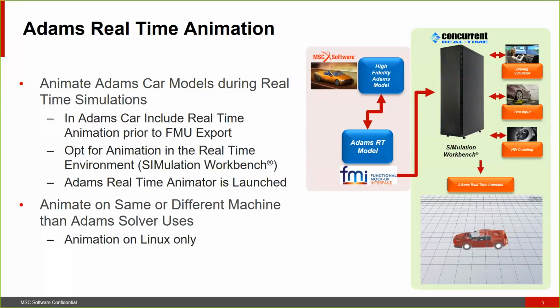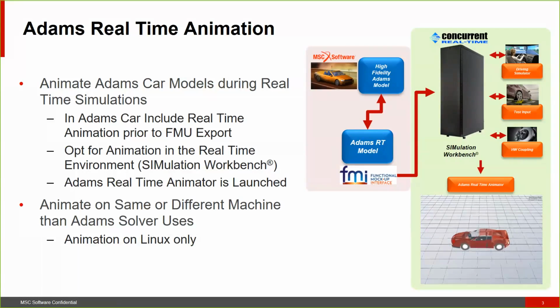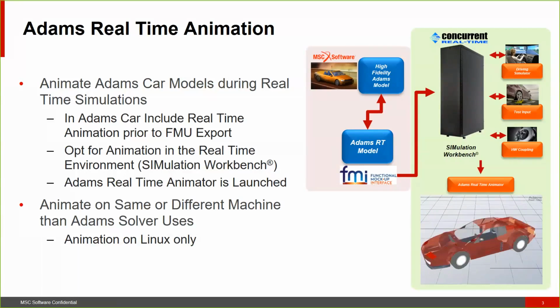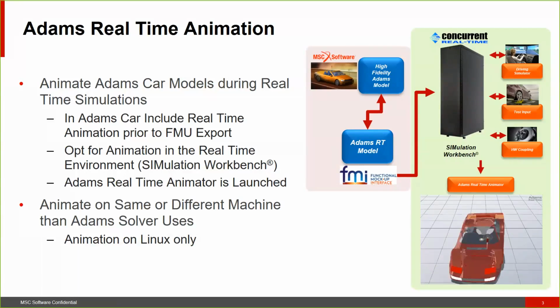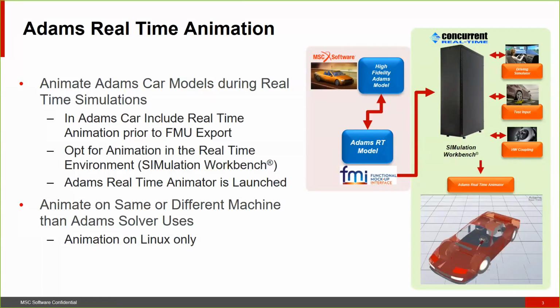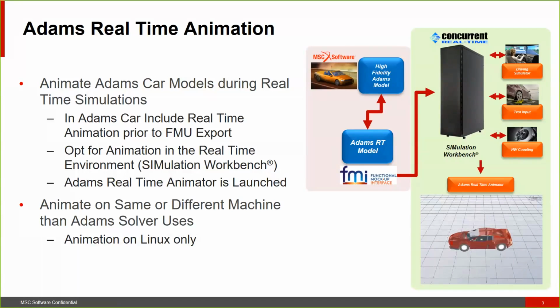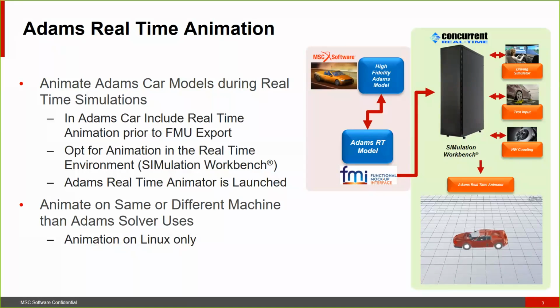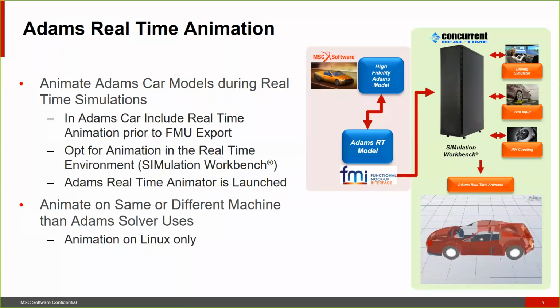And this allows us to take Adams models as they are and move them and even modify them in the real-time environment for doing software in the loop at real-time speeds, hardware in the loop, driver in the loop type things. However, up until this release, one was not able to visualize the Adams model in terms of an animation.